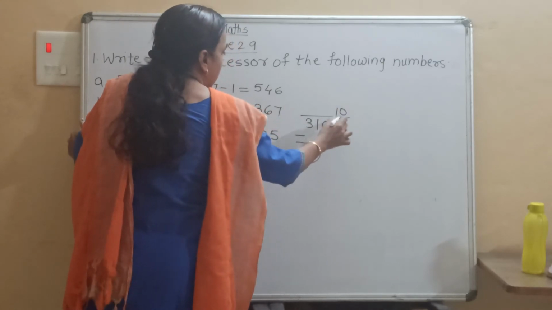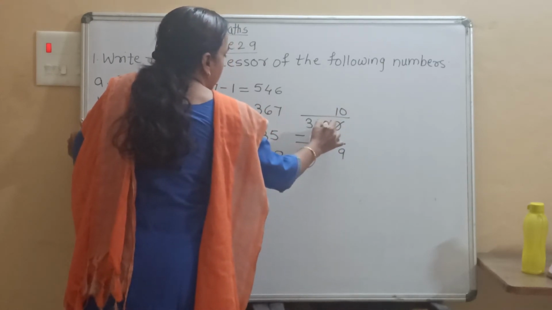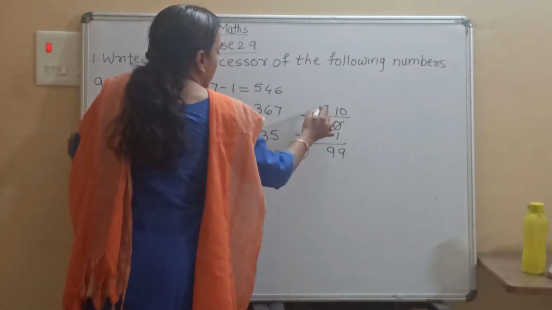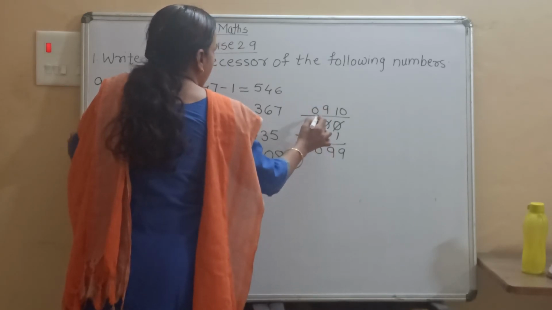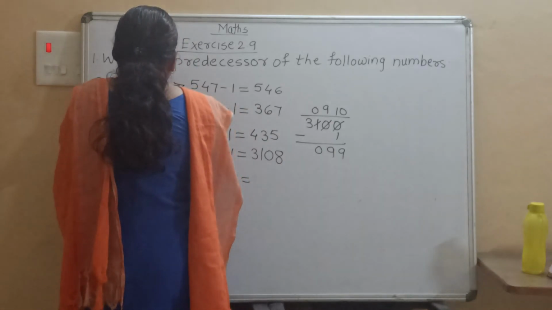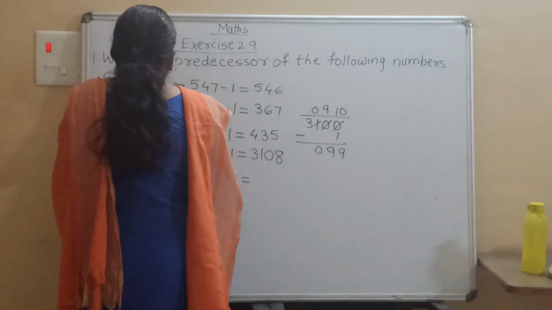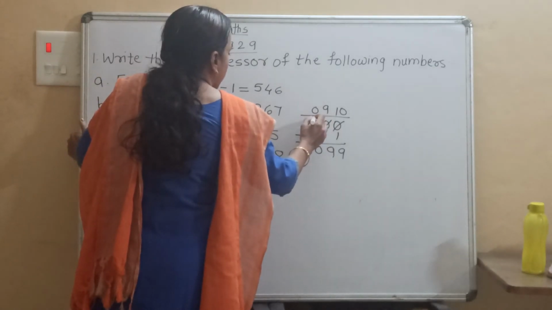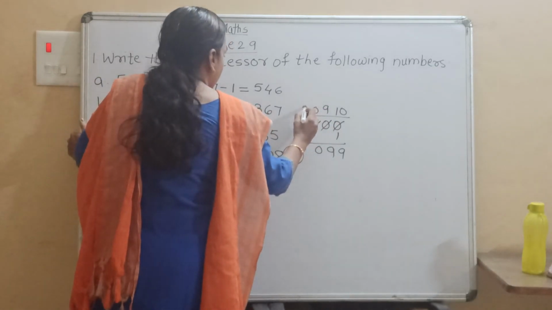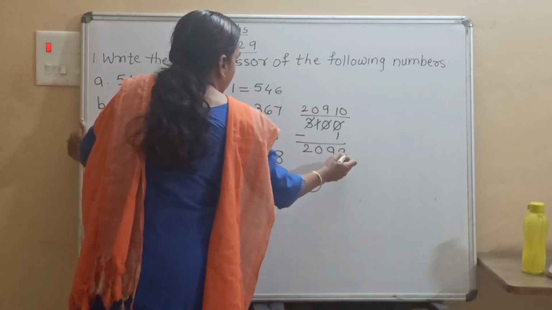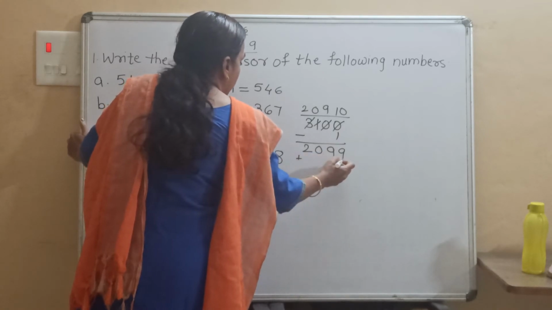So write down here 10. 10 minus 1 is 9. 1 minus 1 is 0. 3 minus 1 is 2.